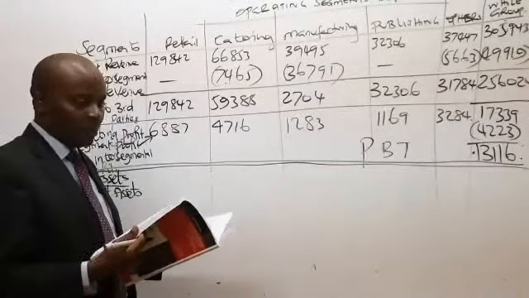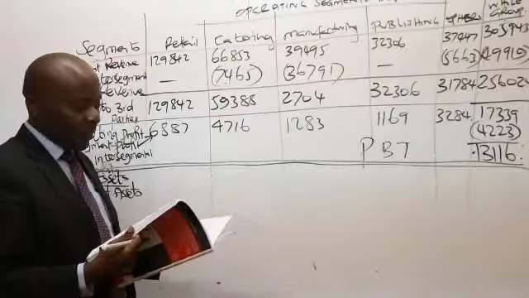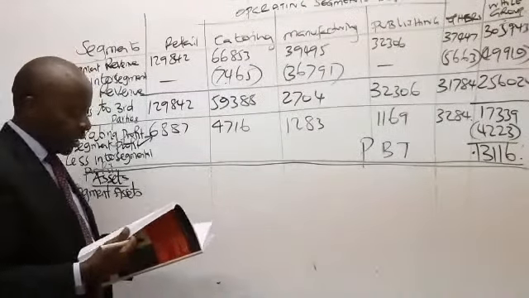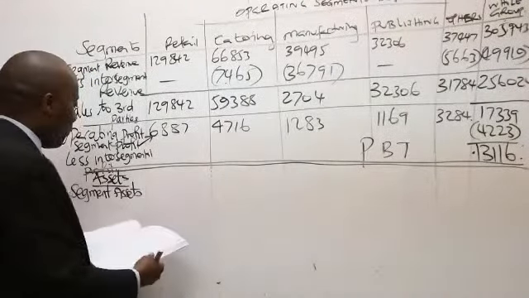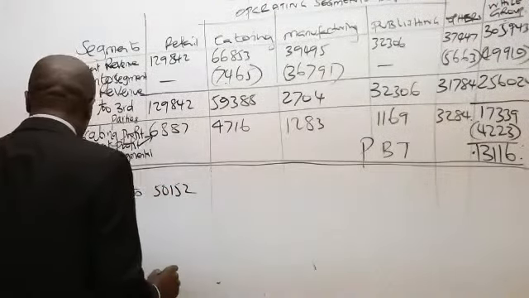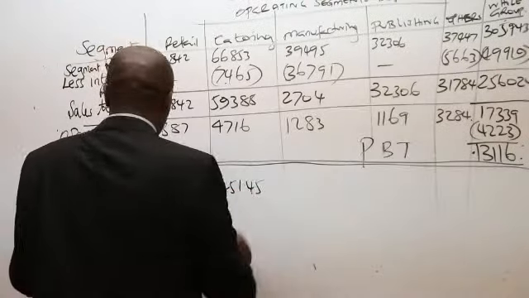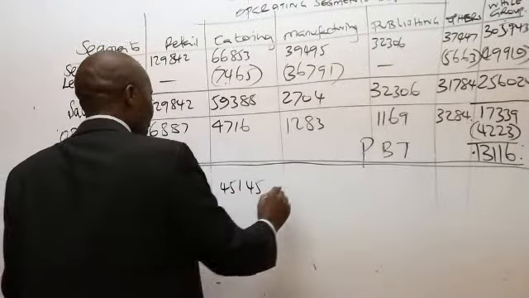It is in note 2C. Segment assets in note 2C, they have given us retail 50,152. Then we have 45,145. Then we have 24,620.